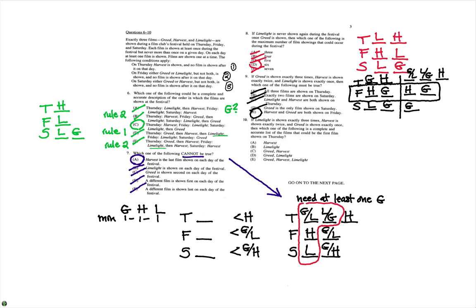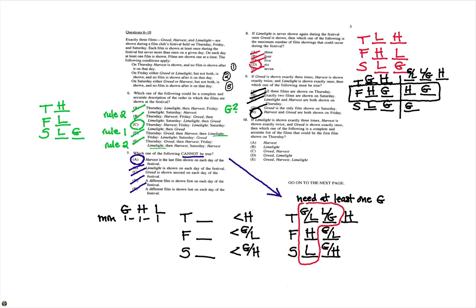Which brings us to the final question here on the second game, question 10, which states, if limelight is shown exactly 3 times, harvest shown exactly twice, greed shown exactly once, then which one of the following is a complete and accurate list of the films that could be the first film shown on Thursday?